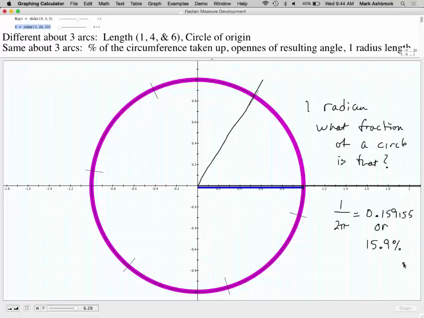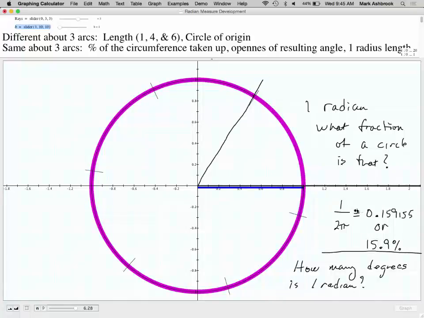So how many degrees is 1 radian? What would you do? How can I use the fact that I've got this fraction of a circle to find how many degrees that is?